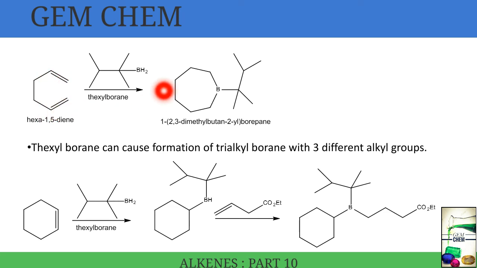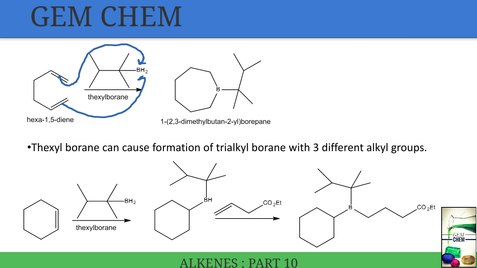This is the diene. On reacting with texyl boron, it forms a cyclic compound, cyclic organoborane. So what happens is, this is being donated and this is being donated. So two double bonds, terminal alkene carbons, donate the pi electrons to form this kind of complex.